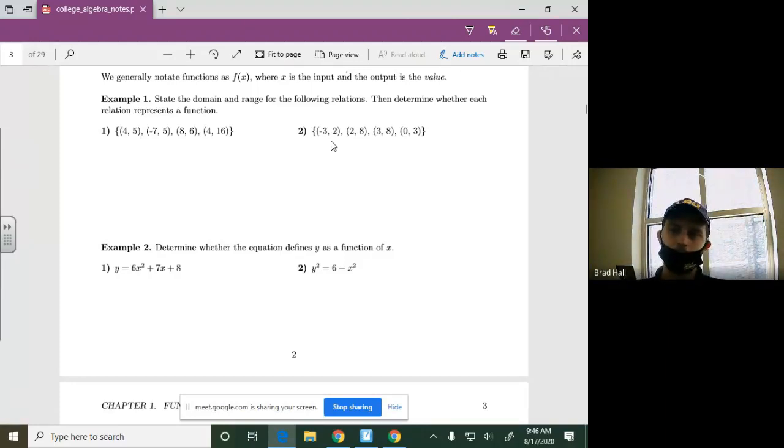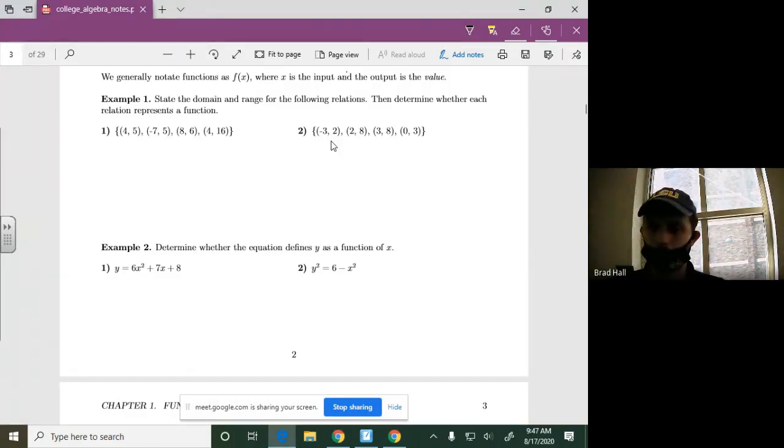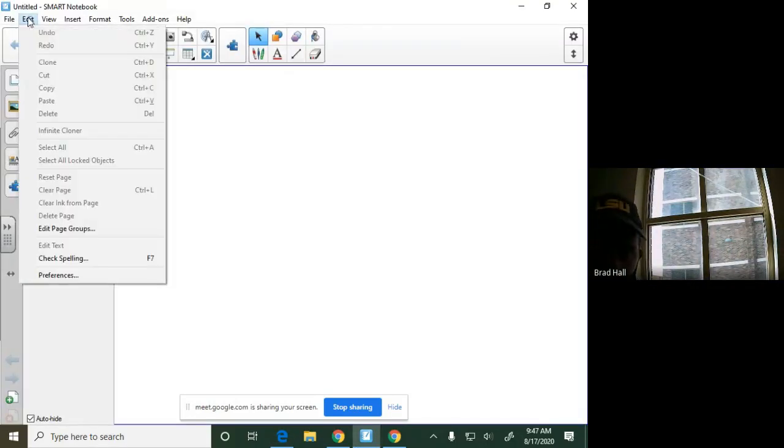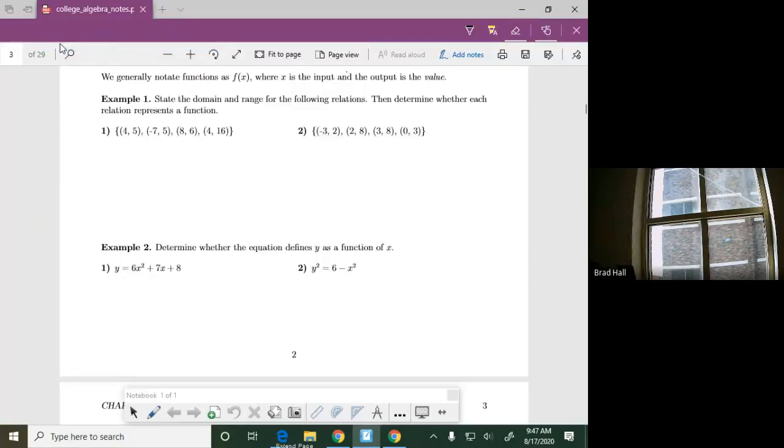It says state the domain and range for the following relations and then determine if this gives a relation or a function or not. What you see here, depending on what your background is, is a collection of ordered pairs.